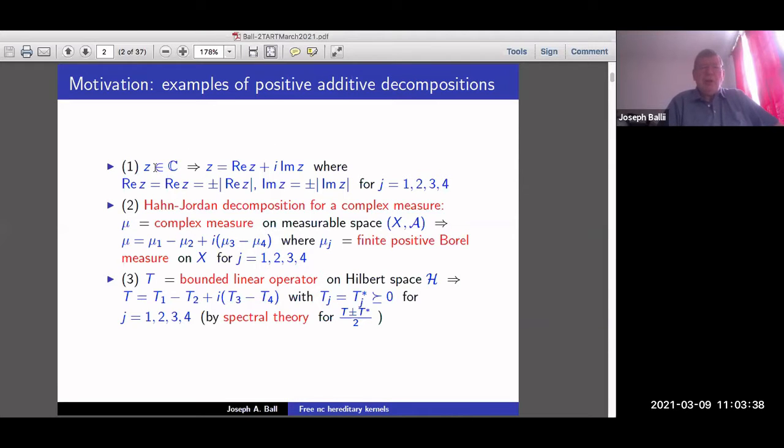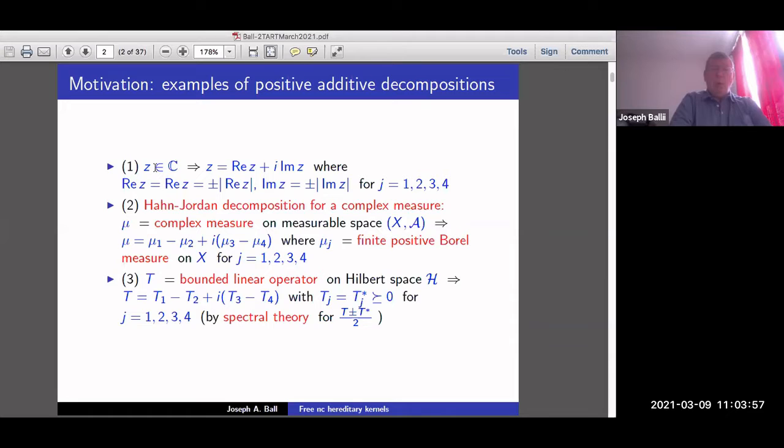Then less elementary is you take a complex measure, and there's a Hahn-Jordan decomposition, which we all teach in real analysis, that any complex measure can be decomposed as a linear combination of positive measures.